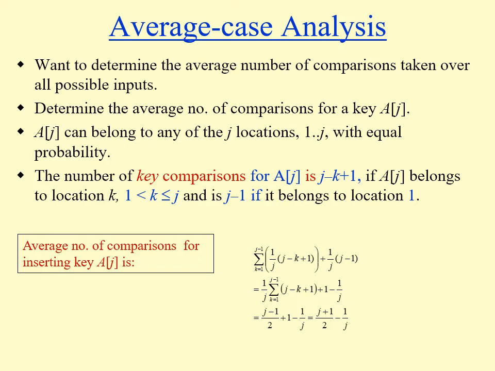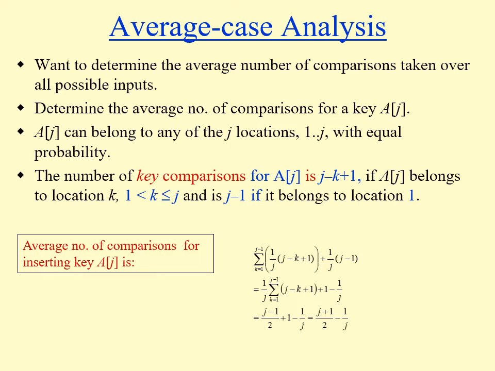Okay, let's look at how to do that. So that means we need to provide analysis for a general one. For example, for each case, we need to move how many elements to the right. Here let's look at the first sentence. We want to determine the average number of comparisons taken over all possible inputs. So we have mentioned before, correct? Determine the average number of comparisons.